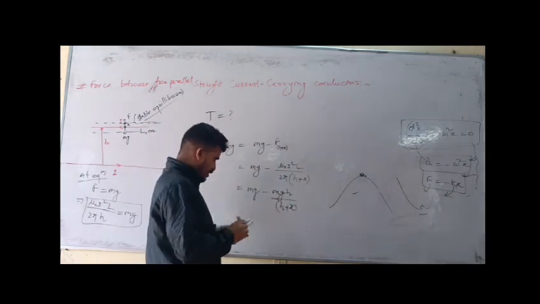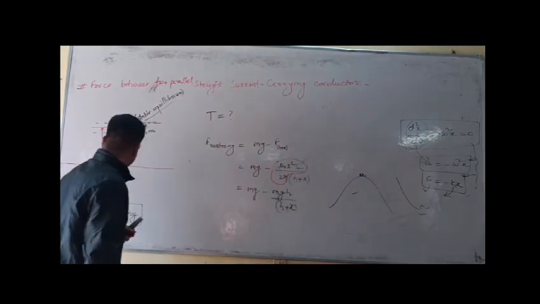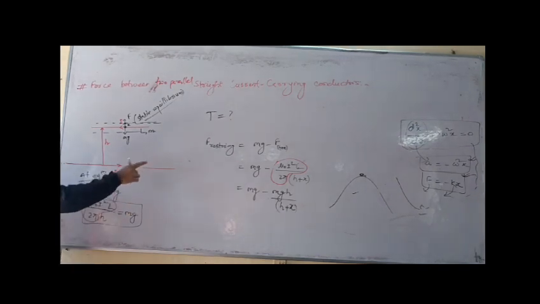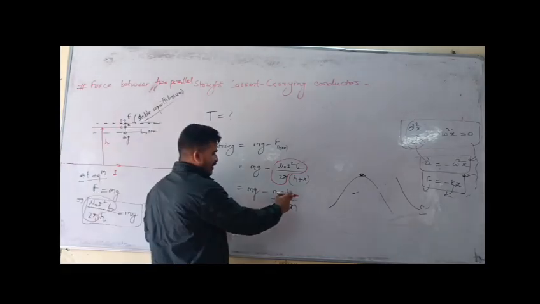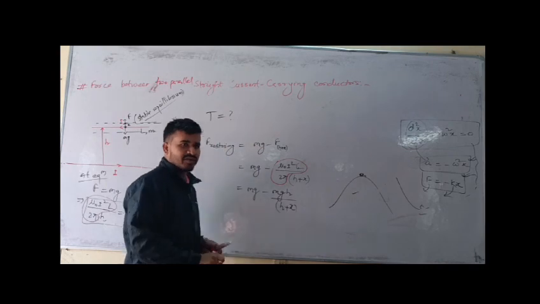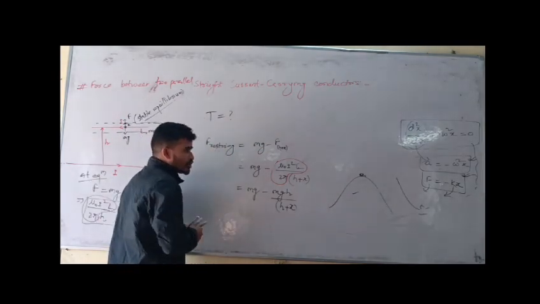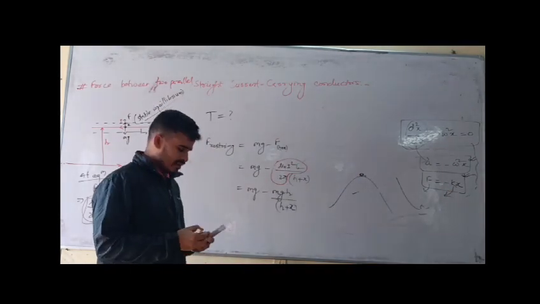I took this term equal to what? Is this the same? Multiplied with this mgh, divided by h plus x. Clear to everyone? Okay. This is the restoring force. This should be equal to minus kx.